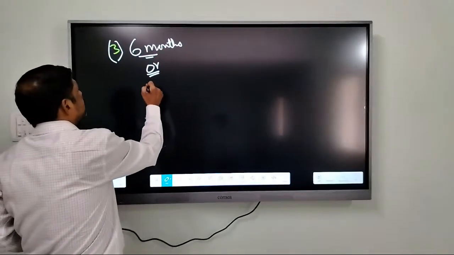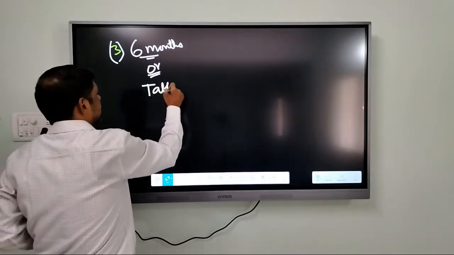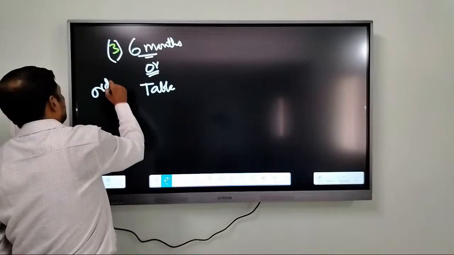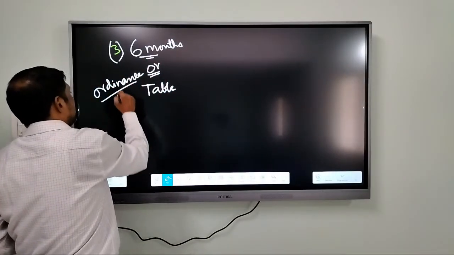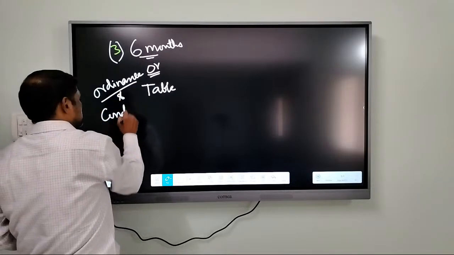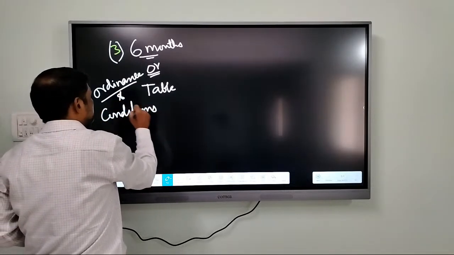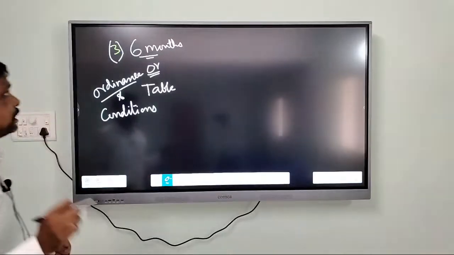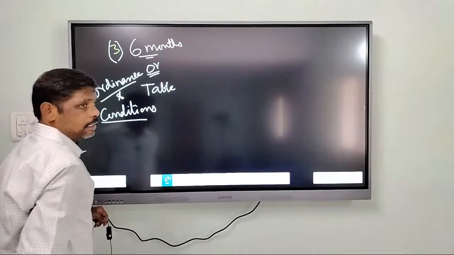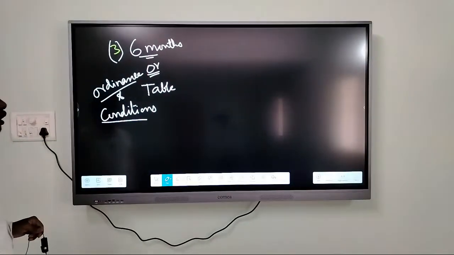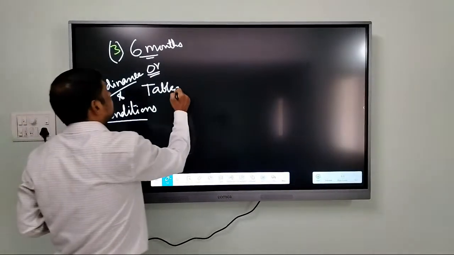So both should be tabled in the house, right? So both the ordinance as well as the conditions which have made it mandatory, both should be tabled in the house.